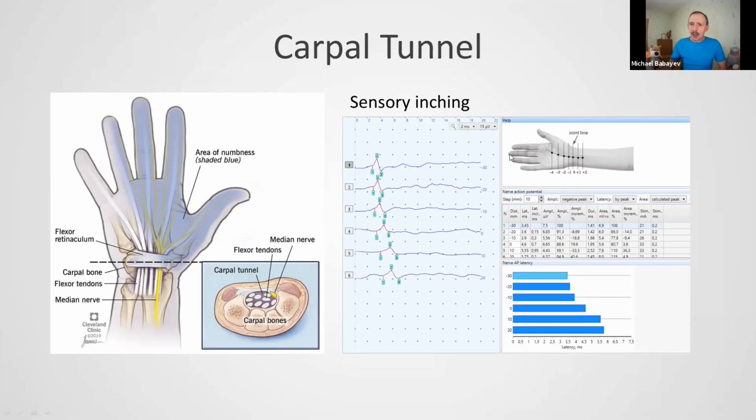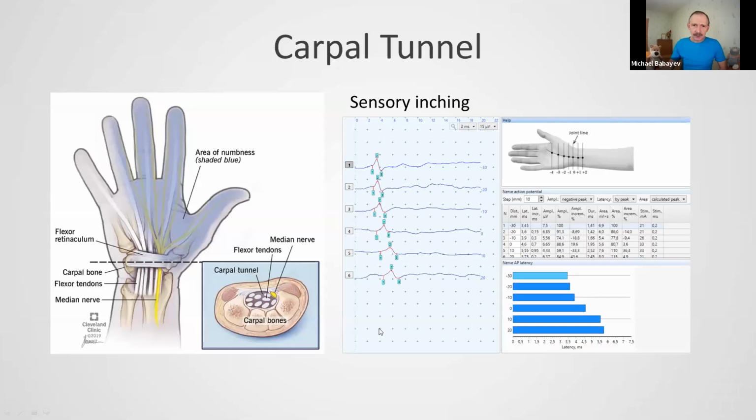Here you can see we can place recording electrodes on the finger, on the nerve terminals, and apply a few stimuli, putting the electrical stimulator here and making few stimulations in small steps. We only shift the electrical stimulator by 1 centimeter. So we can record a lot of waves and understand exactly where the problem point is.